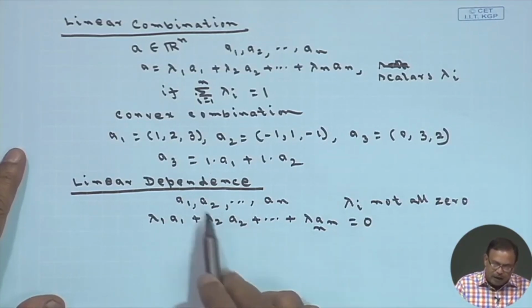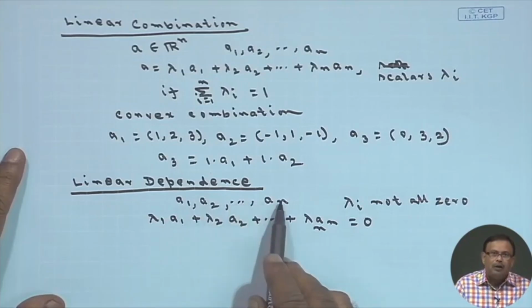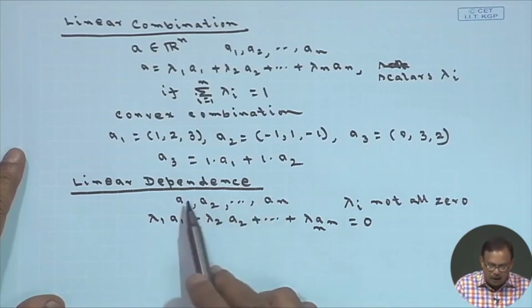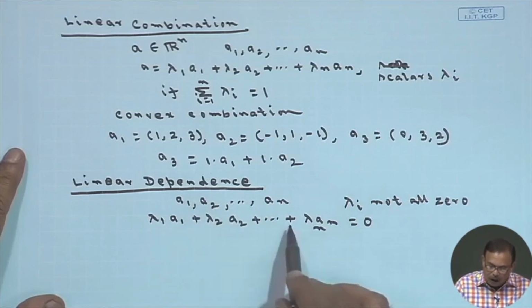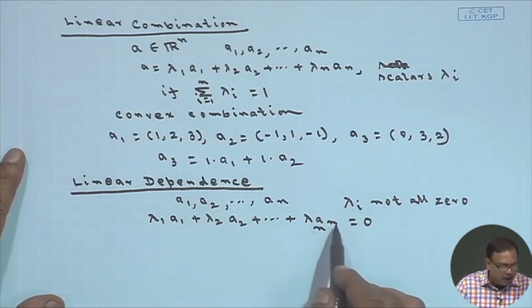Then we say that A1, A2, ..., An, these n vectors, are linearly dependent. Please note that here all the lambda i's will not be 0.